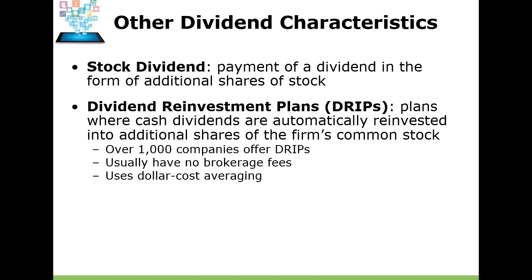If you had 100 shares at $10, which would be $1,000, and now they give you a 10% stock dividend and you get 10 shares of stock, the per share price would be $9.09.